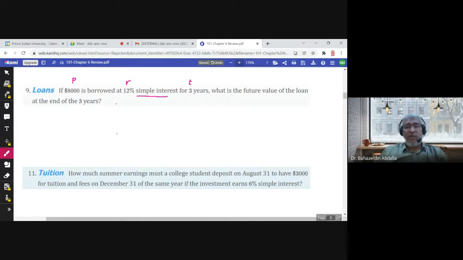So he wants the future value S, which is the principal plus the interest. And the principal is 8,000 and the interest is PRT. So the principal times R, which is 0.12, times T, which is 3. And if you multiply this using the calculator, you get $10,880.